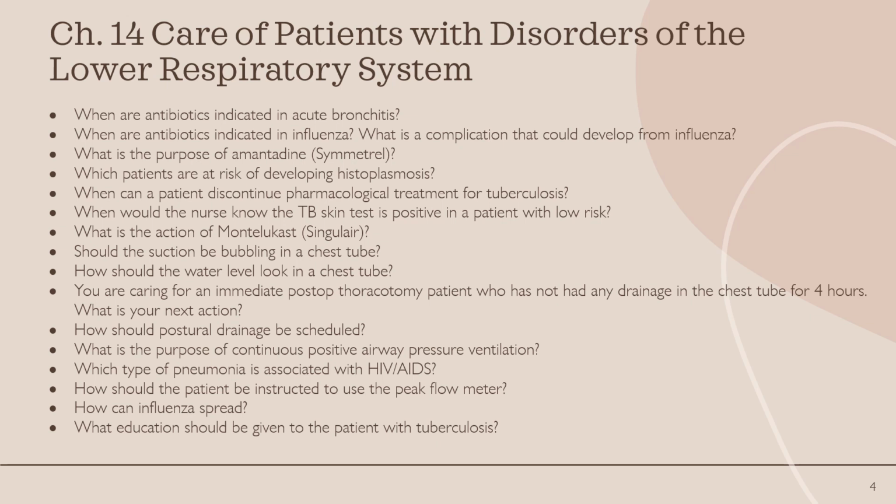Pneumocystis jirovecii, also referred to as PCP, infection associated with AIDS is treated with Bactrim given IV or orally depending on the severity of the infection. So PCP pneumonia, or pneumocystis jirovecii pneumonia, is associated with HIV and AIDS.